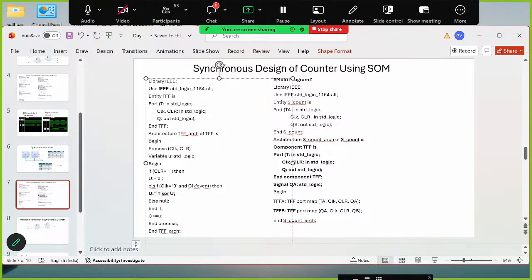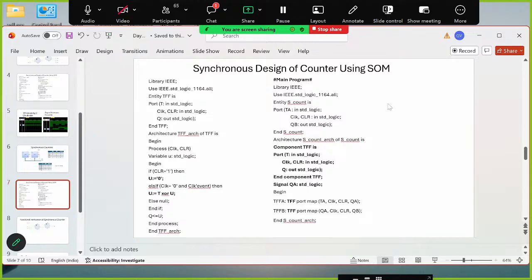After our if process has ended, we have updated this u value in the final output Q. Depending upon whether it is clear equal to 1 or whether it is having a valid transition, whatever value you get will be updated into the final output, which is inside our end. This is the important thing that we were missing yesterday. Rest of the things, there is no change. That's it. It will work now.